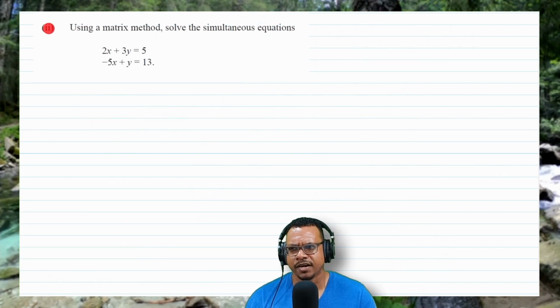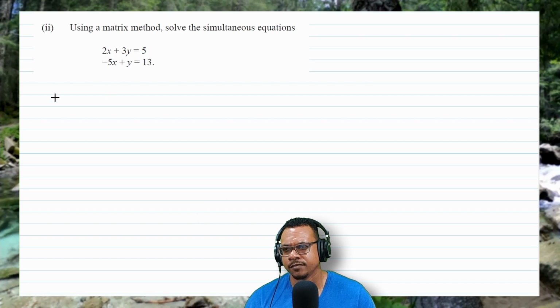Now moving on to part 2, they want us to use the matrix method to solve the simultaneous equations 2x plus 3y is equal to 5 and negative 5x plus y is equal to 13. First we write this in matrix form. We write our coefficient matrix, which is 2, 3, negative 5, and 1, since this y is 1y.